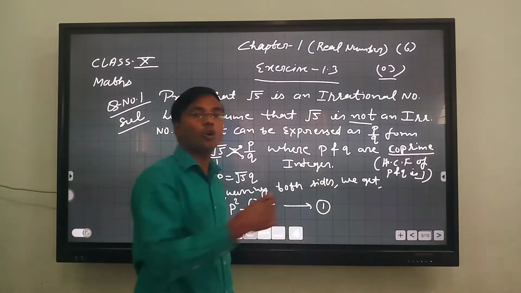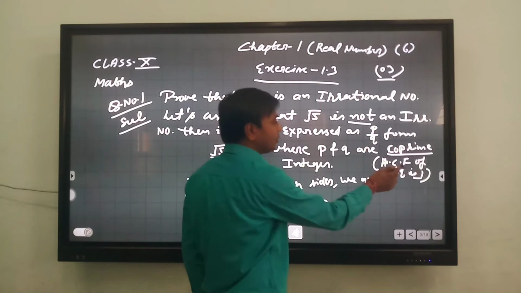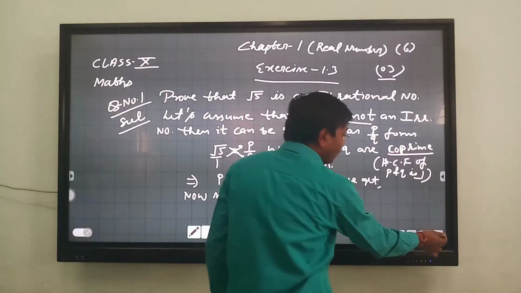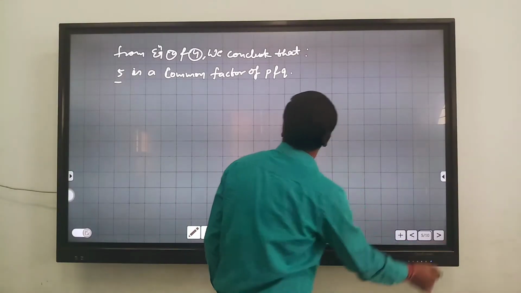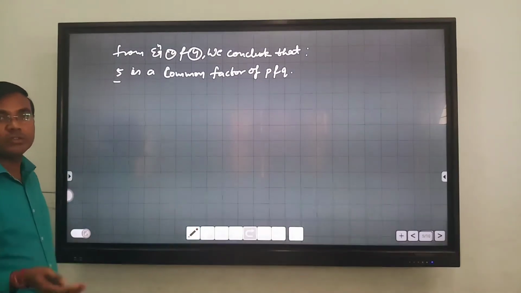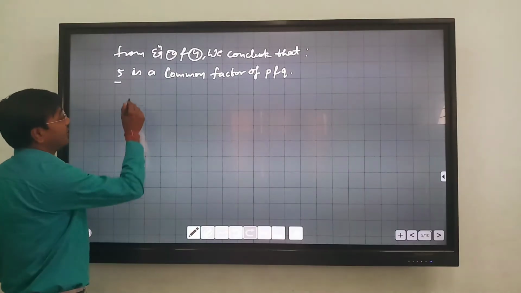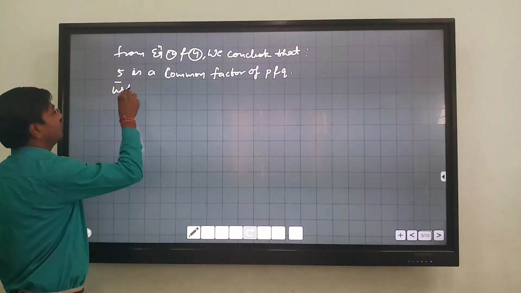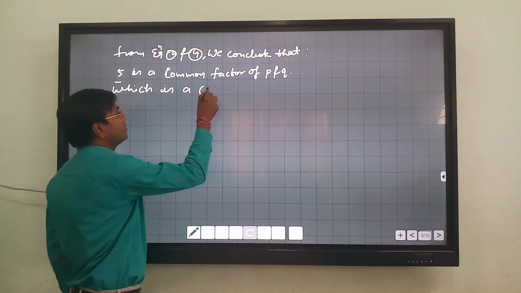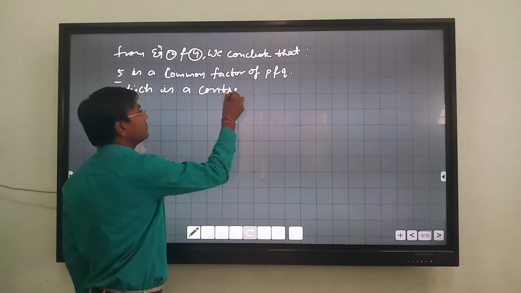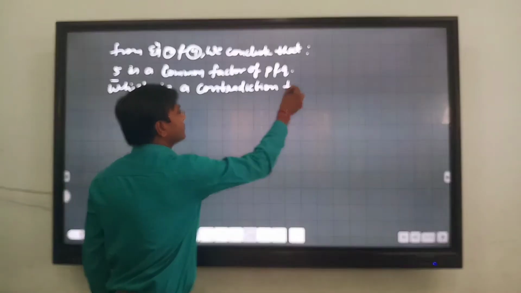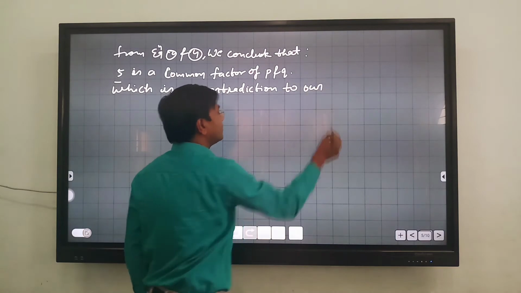HCF means highest common factor. The common factor of p and q is 1, which was assumed earlier. And now what have we proved? We have proved 5 is also a common factor of p and q. So this is contrary. It means we can say which is a contradiction to our assumption.